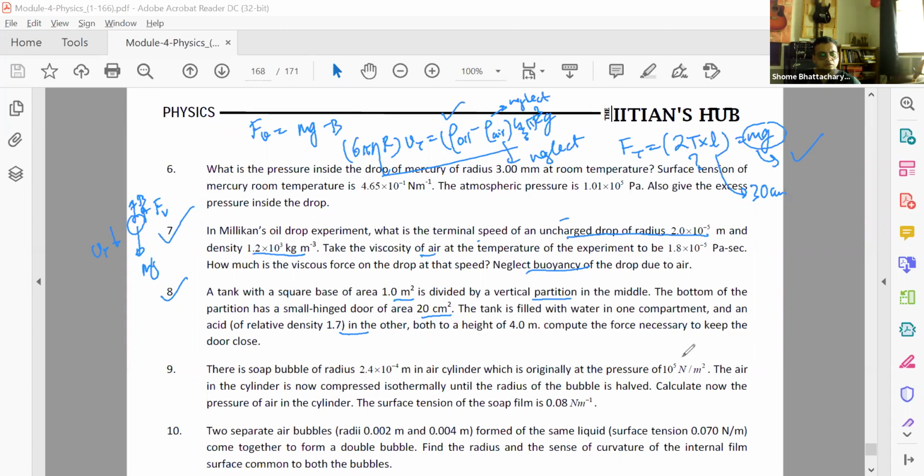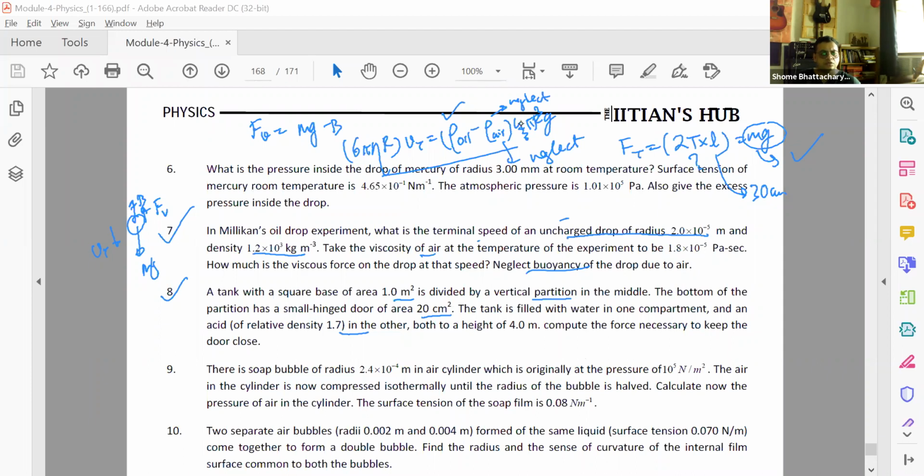So this actually is a misplaced question. This doesn't have any data about surface tension or viscosity, and we are not talking about any surface. It is just that the force due to pressure difference has to be balanced by some net force.